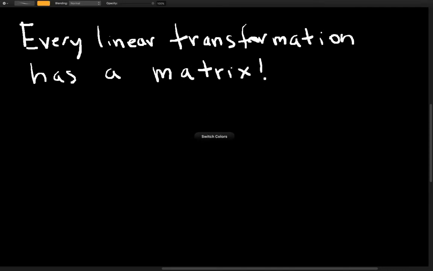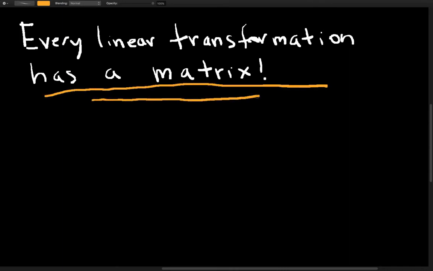This is super, super important. The cool thing about linear transformations, and how they're different from any old regular transformation, is that a linear transformation has a matrix every single time.